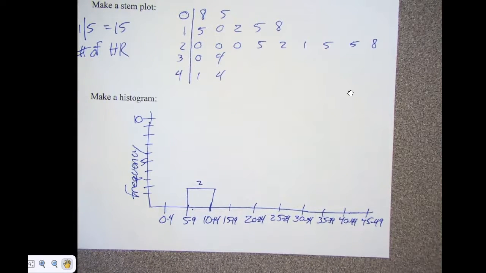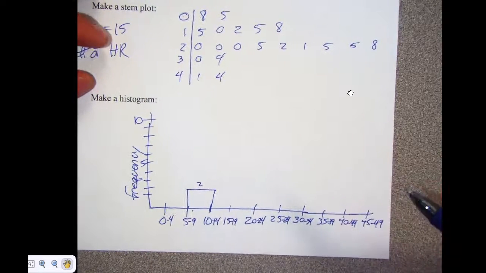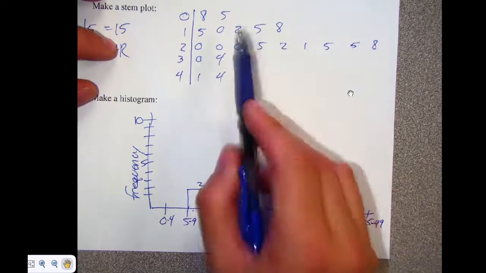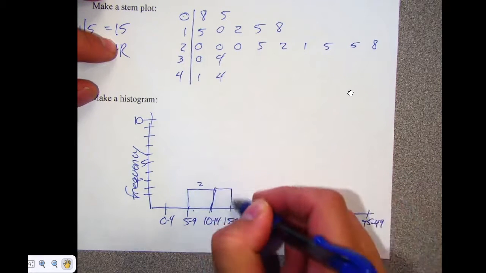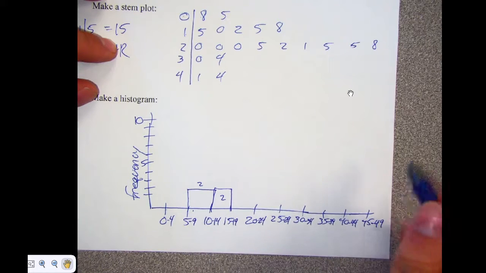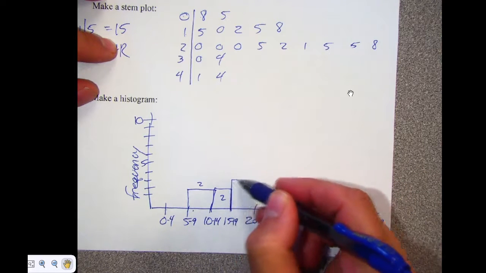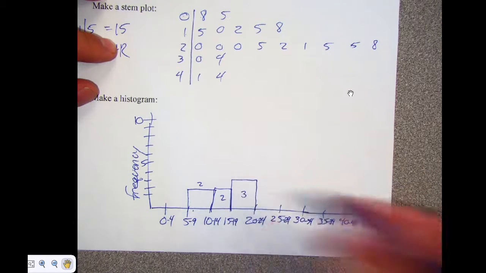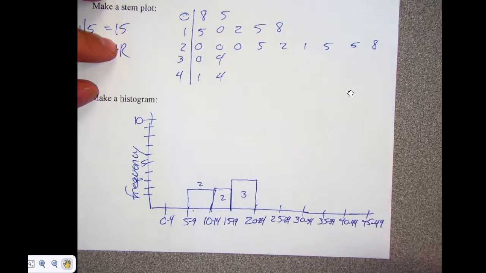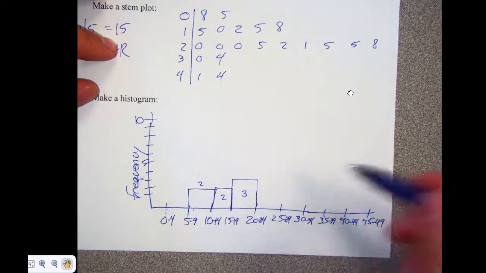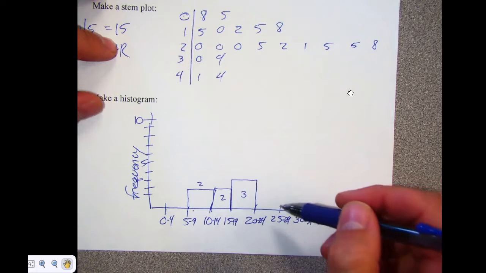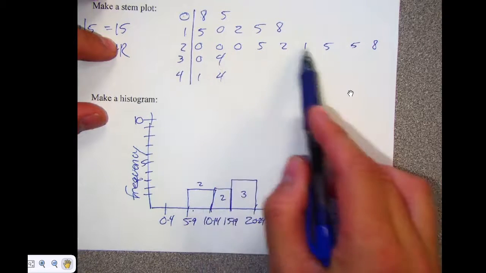Either way. 10 to 14, there's 2. 15 to 19, there's 3. 20 to 24, there is 1, 2, 3, 4, 5.